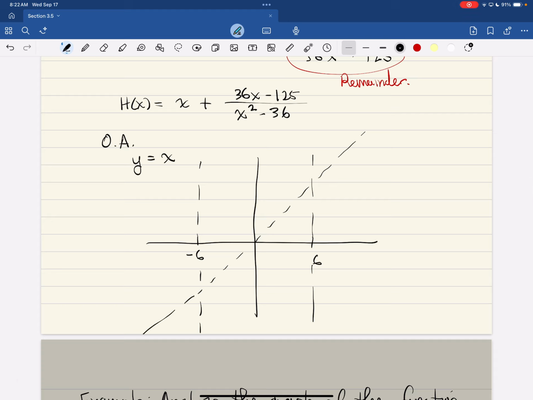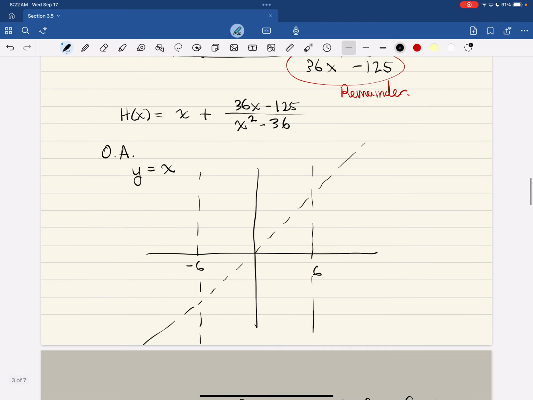Right, and then in each of these sections, in between the vertical asymptotes, we just need to figure out what's happening, right? And so what's happening to the left of -6? Let's discuss that first. It looks to me like you're going to have a -6, or something smaller than -6 here. That's going to make this negative in the top, right?